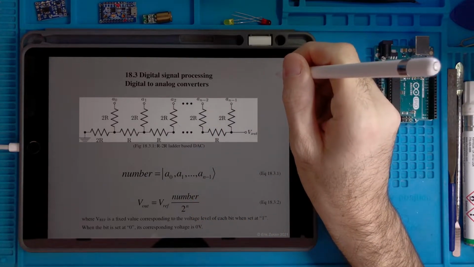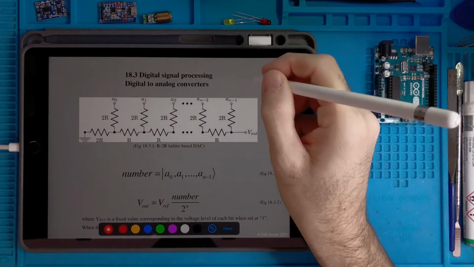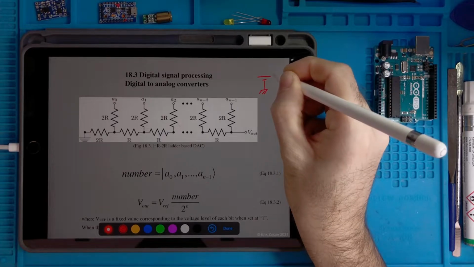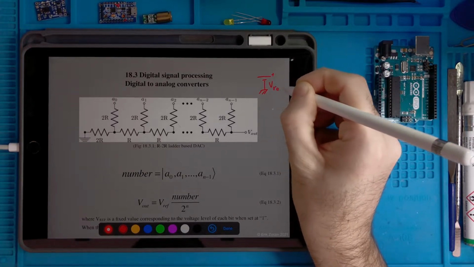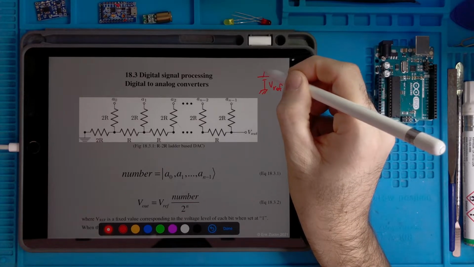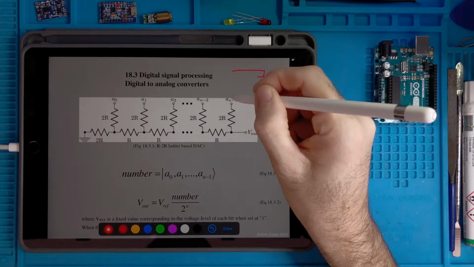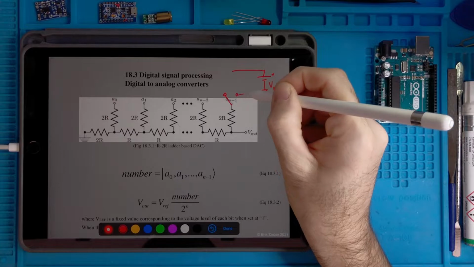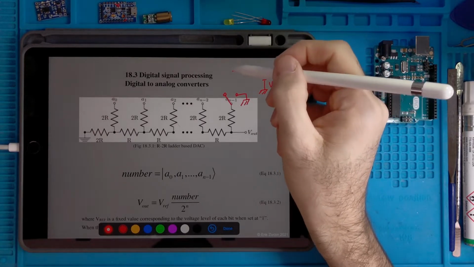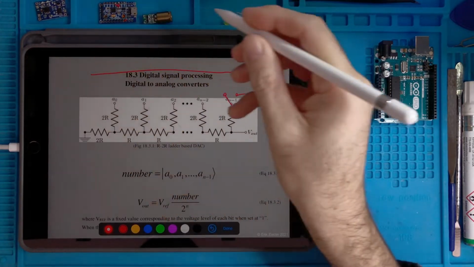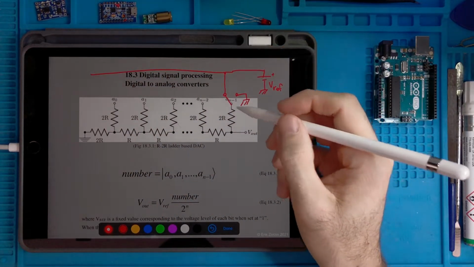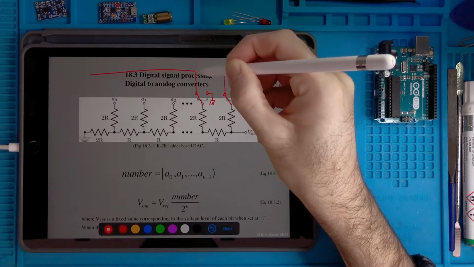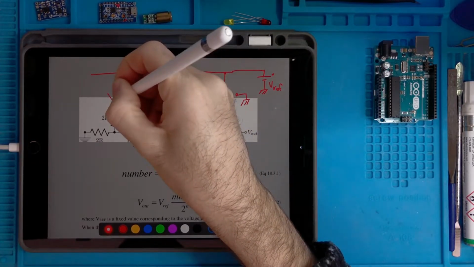So it is as if we have something like this. We have another battery here connected to ground. Here is the plus, this is V reference. Then here we have a switch like this and like that. One wire is like this, the other one is like that, and so on till the last one.